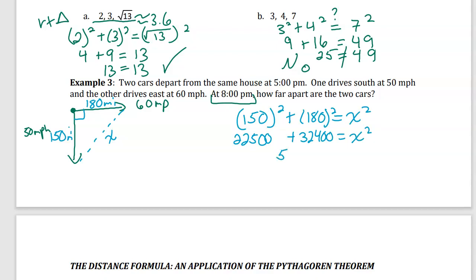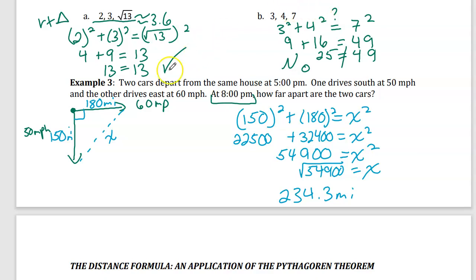That gives us 54,900 is equal to x squared. So you get the square root of this. The square root of 54,900 is equal to x. That's our distance. And I'm just going to say you can approximate that. It will be approximately 234.3 miles that they are apart. So try using the Pythagorean theorem now.